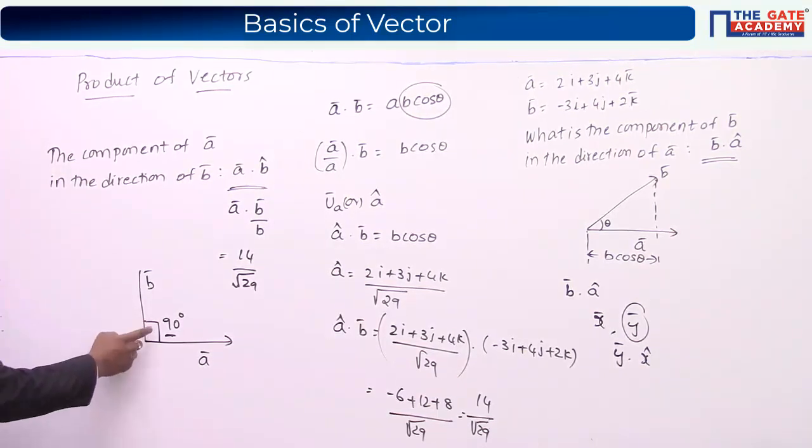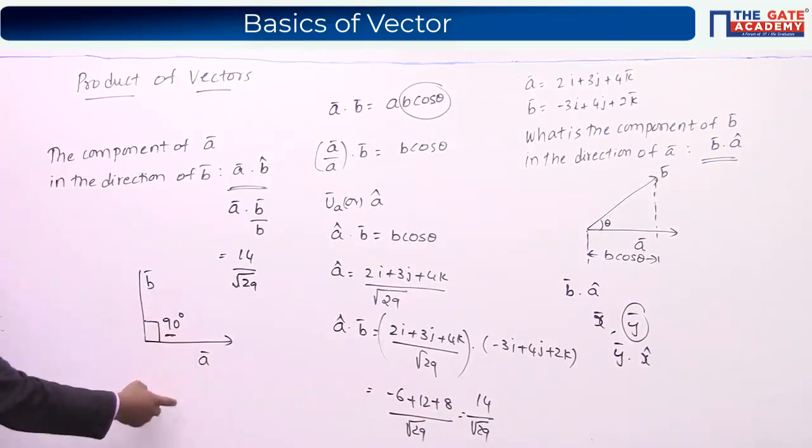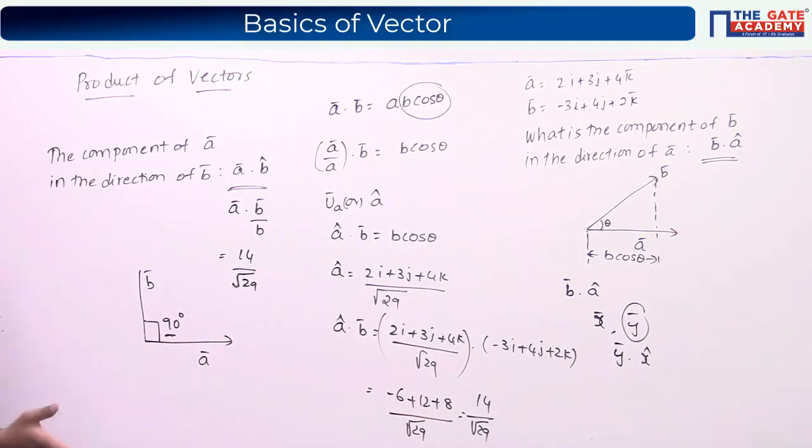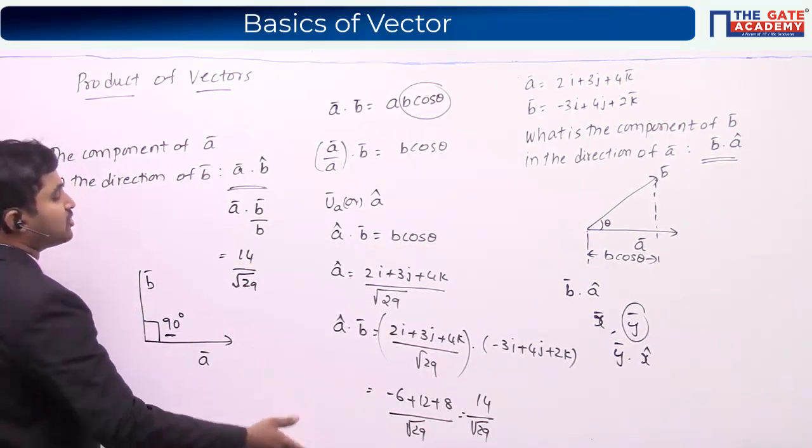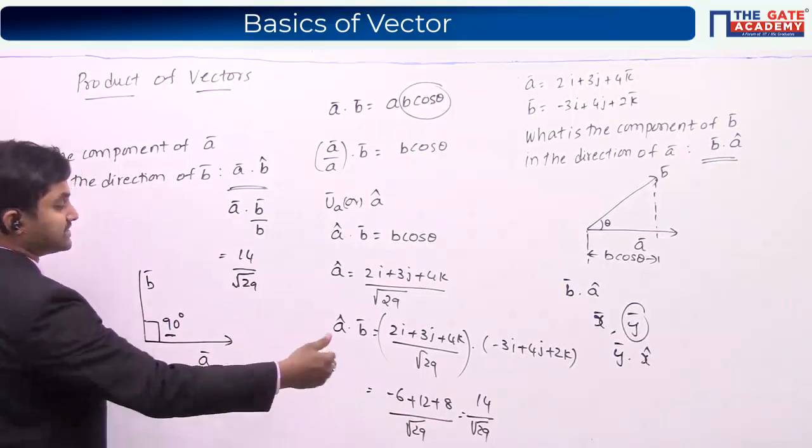If the angle is 90 degrees, the component of B in the direction of A is nothing but 0. The component is B cos theta, theta is 90 degrees, and cos 90 is 0.